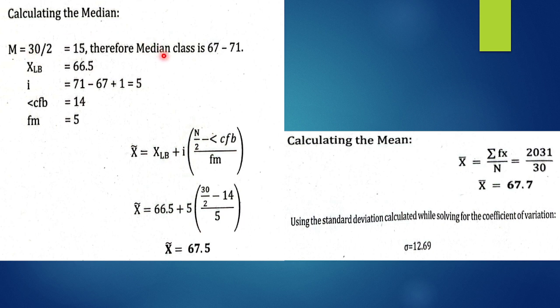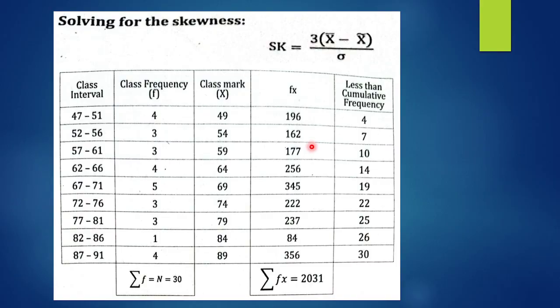So therefore, the median class is 67 to 71. Let's check. 15 is greater than 14. So this one, 67 to 71. We base on the cumulative frequency, same with whenever we look for the median class.